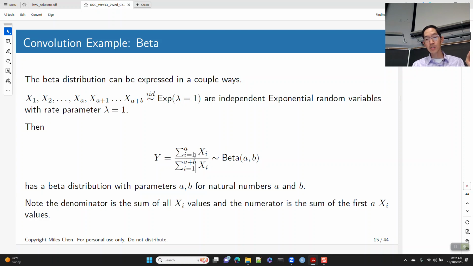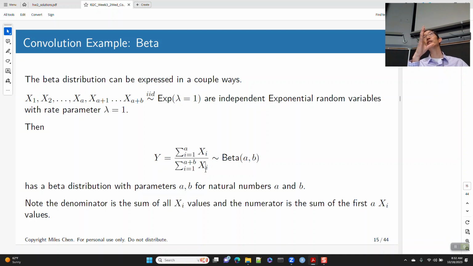It's important that these, see how it says sum from i equals 1 to a of x_i? These x_i's up here are the same x_i's, or a subset of the x_i's, that are down in the denominator. Here in the denominator we have x_i from i equals 1 to a plus b, so maybe we have a total of 15 numbers, and the numerator is the sum of a subset, the first 10.